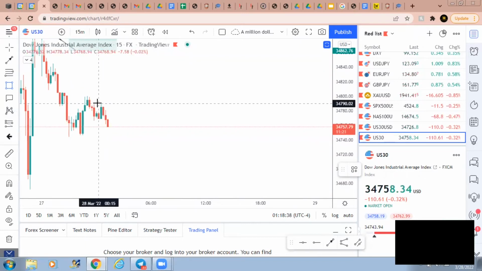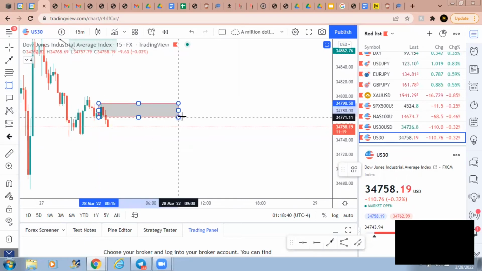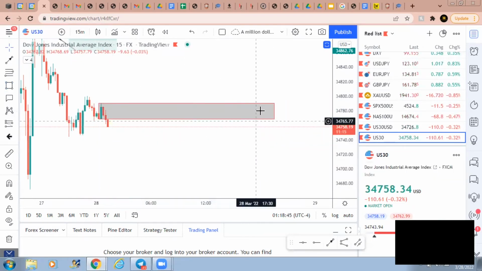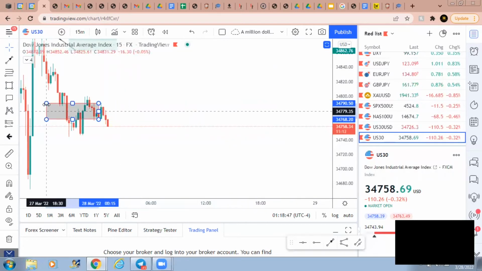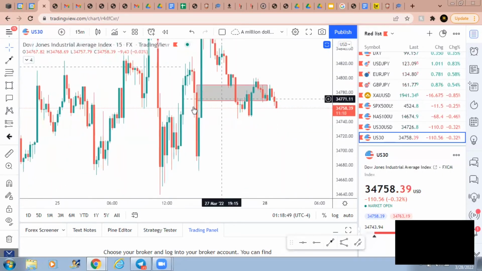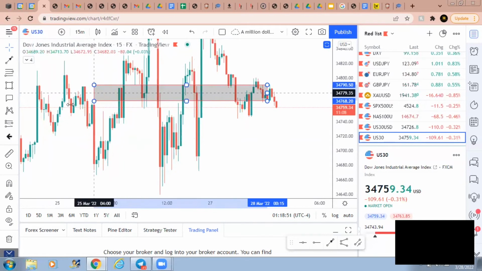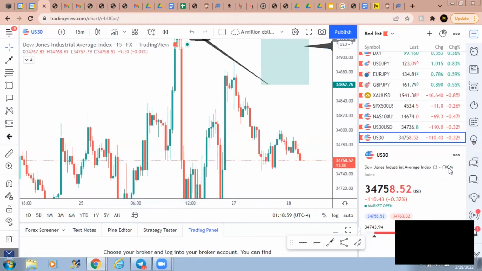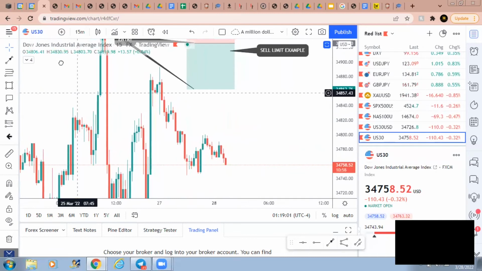I will go from the top of the candle to the bottom of the candle, and I can stretch it out if I want to. Let's say you want to box this whole zone. You can box whatever you want to box. Always remember that. You can do anything in trading. It's limitless.